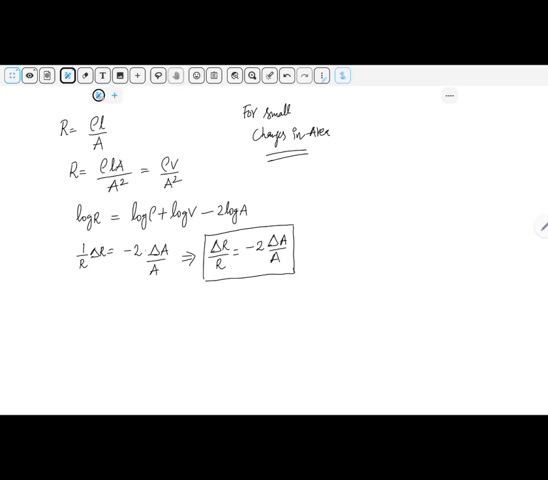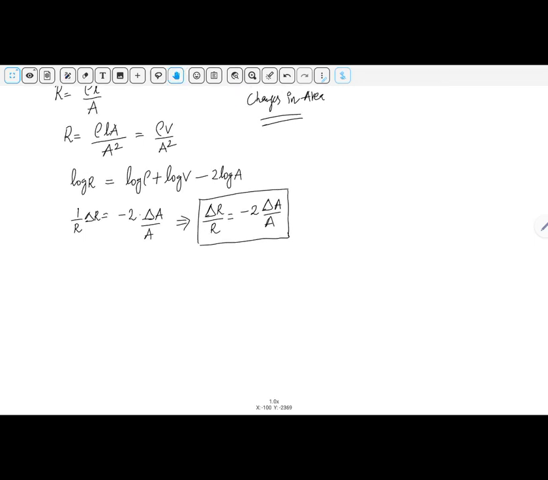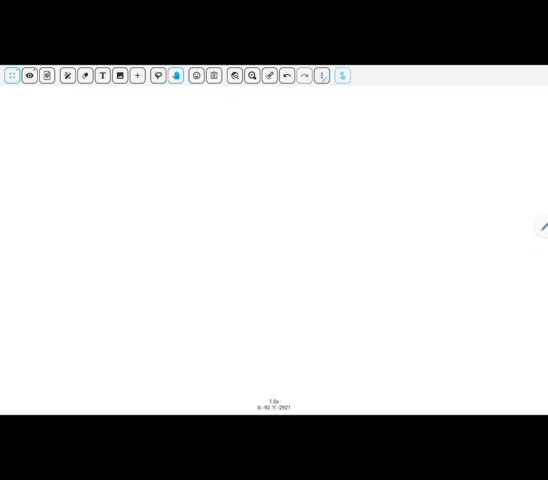Now let me move to the last case study, which is for small changes in radius. Okay, in order to know that, first I want to write the previous equation. Okay, so let me do that with a separate color.